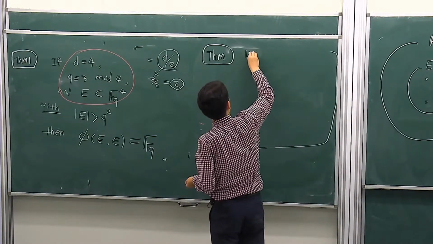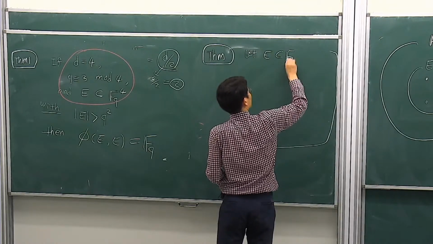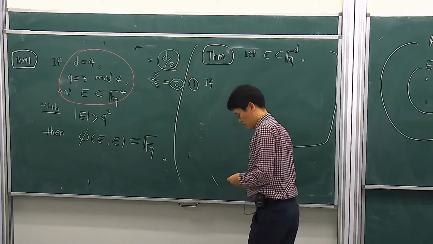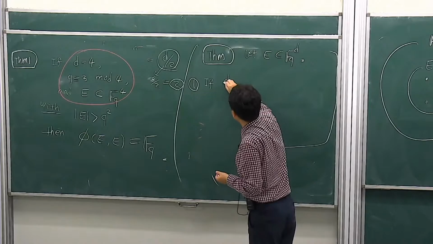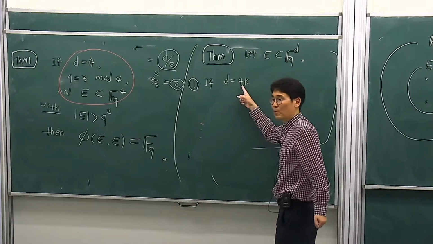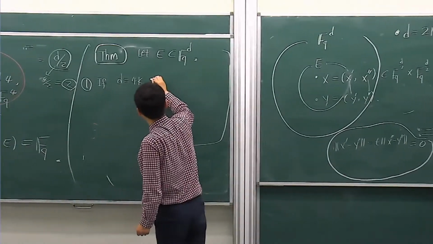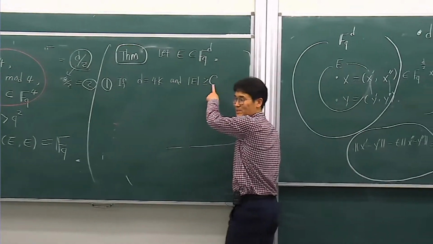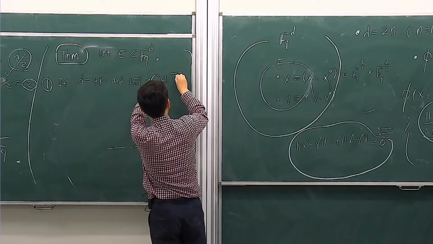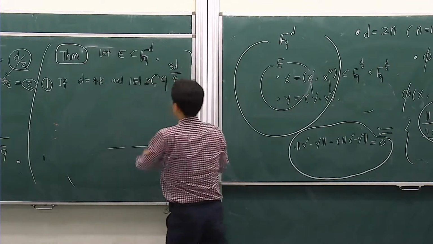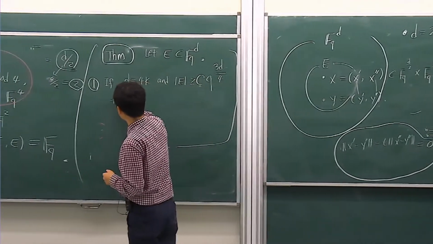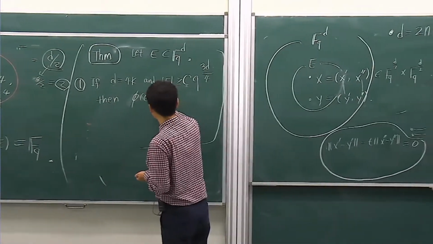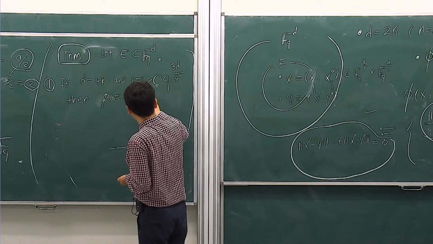Okay, first case. This is d a multiple of 4, and this is big C. In the general case, we get that the pi distance set covers all distances.